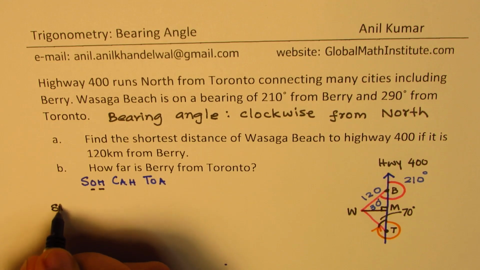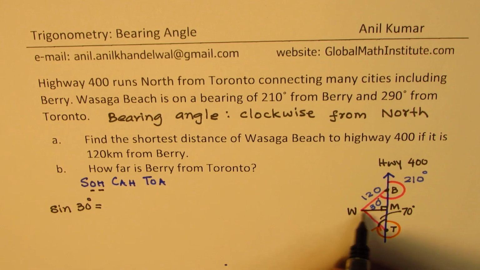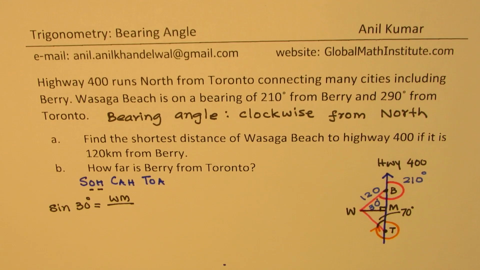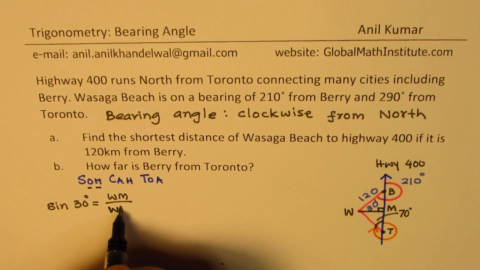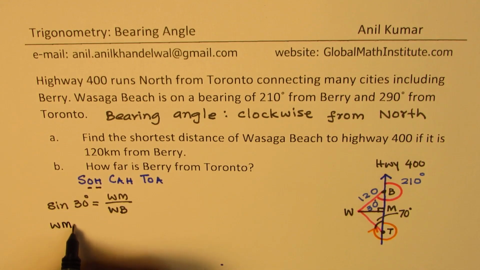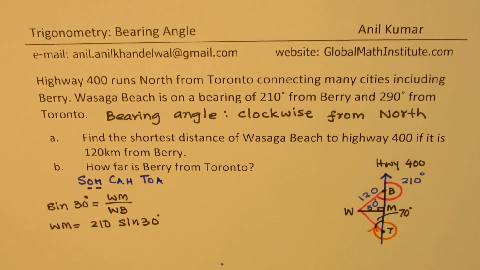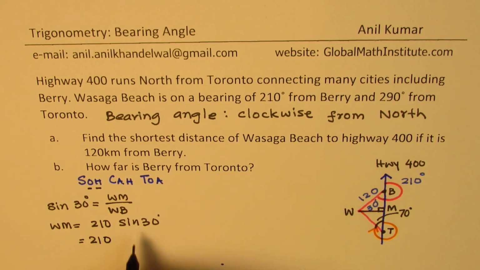So we can write down that sine of 30 degrees is equal to the shortest distance WM over the distance given to us, 120. Let me write down, let's say WB for now. So WM is equal to 120 times sine of 30 degrees. Now sine of 30 degrees is half, so we can do half of this.